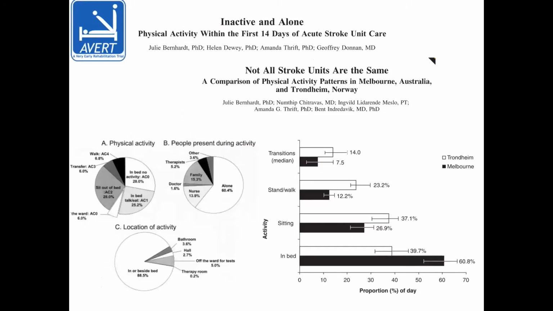The last example for behavioral intervention is the AVERT trial, which is a very early mobilization trial after acute stroke, which was very famous.